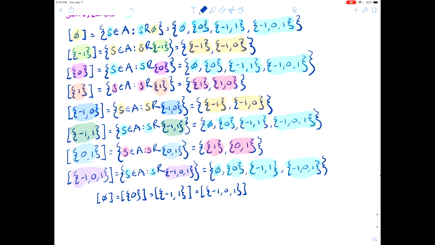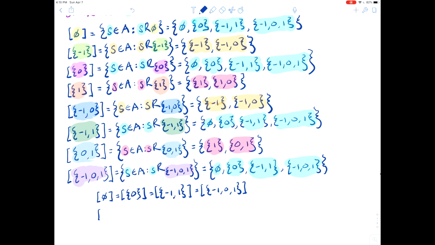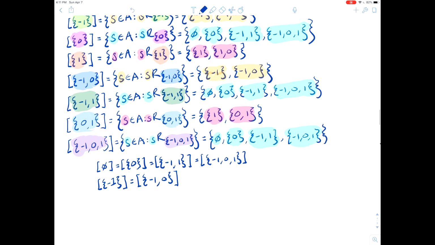And then what else do we see? That the set which contains the element -1 is equal to the set which contains the elements -1 and 0. So we only need to represent that one once. And then the class of, what's the other sum?